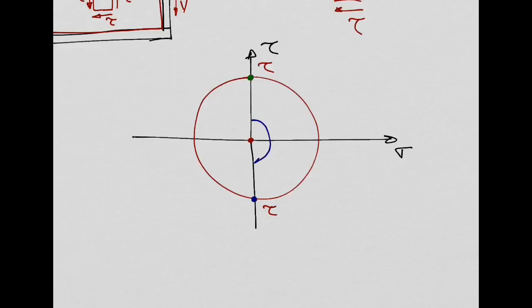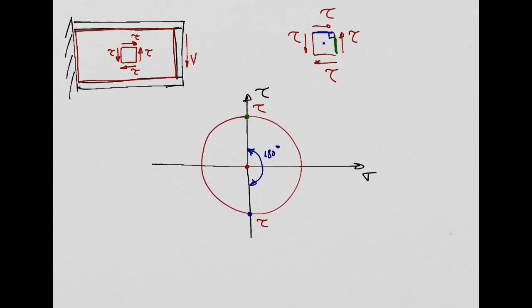So 2 times 90 is this 180 degrees, right? So this angle here, as you can see between these 2 points, is 180 degrees. Is 2 times the 90 degrees before, right? We are going to need this rule as well to make our assumptions.